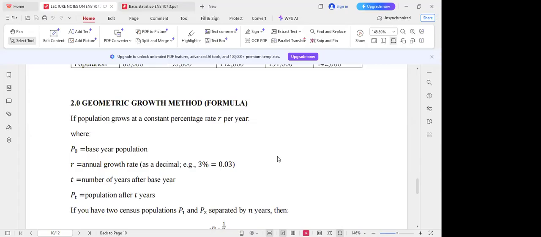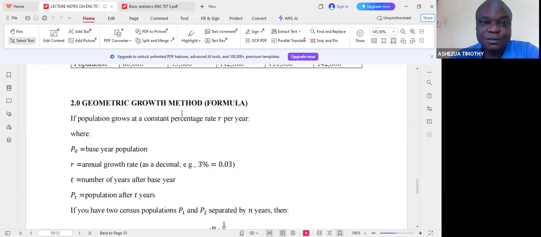Now let's look at maybe it's geometric. Geometric growth method. If population grows at a constant percentage rate R per year, where P naught as usual is the base year population, R is the annual growth rate as a decimal, 3% is equal to 0.03.